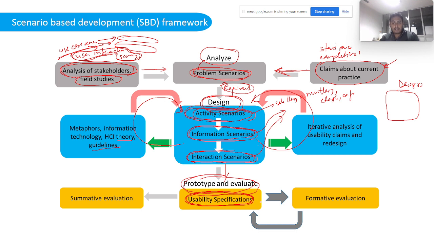Again there are two different techniques. One is iterative, where you iteratively optimize the design, change the specifications, and optimize the system parameters. The other is summative, where, based on all the metrics you selected as usability specification, you sum all those.